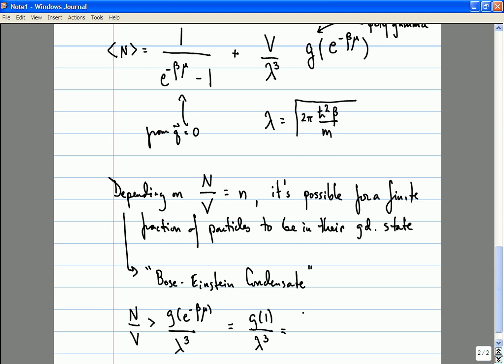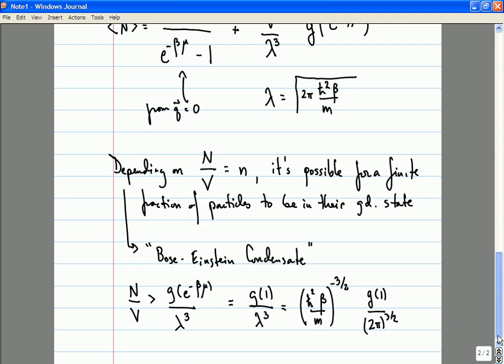That's h bar squared, beta over m to the minus 3/2 power times some numerical constant, which is the value of the polygamma integral at 1 divided by 2 pi to the 3/2 power.